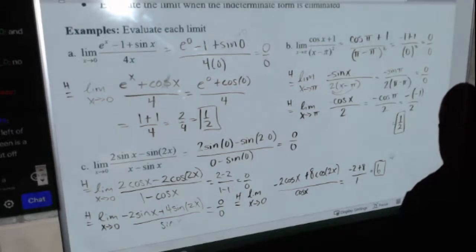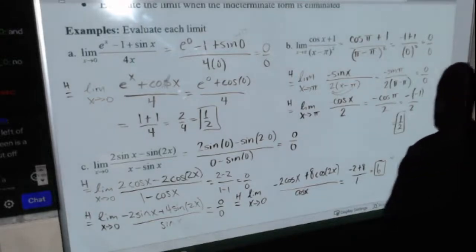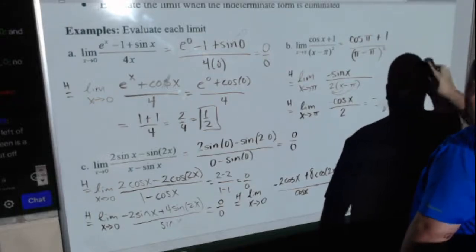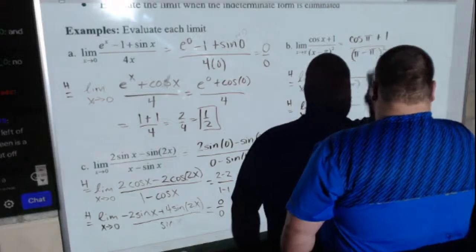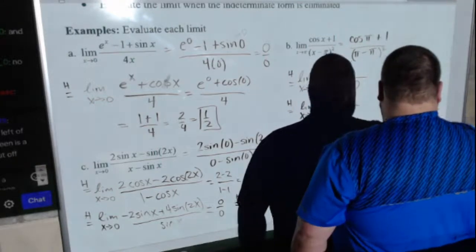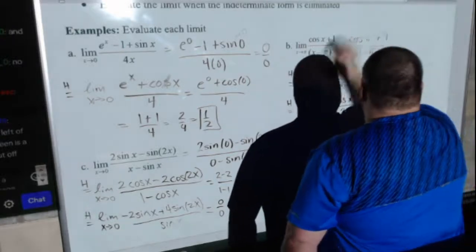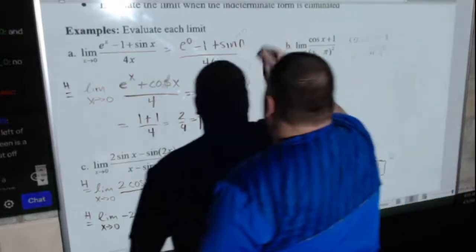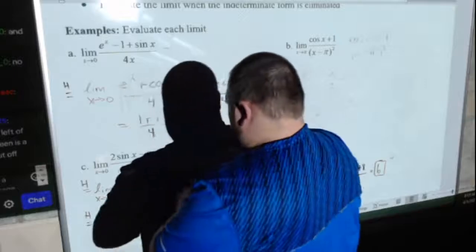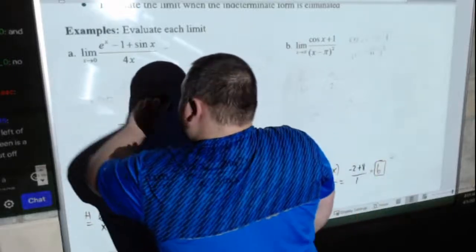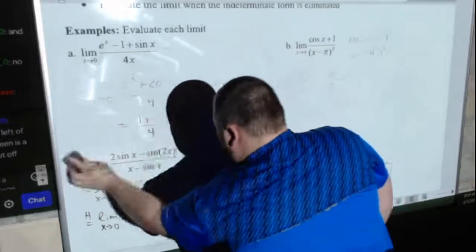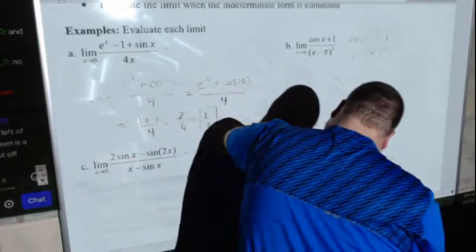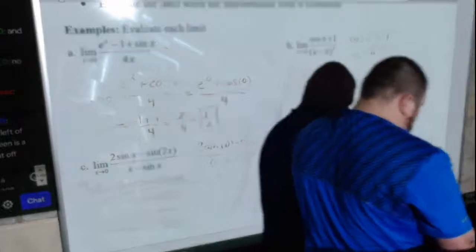So let me erase this so I have some room. I wanted to do another one that did not result in 0 over 0. Erasing very well. Terrible.